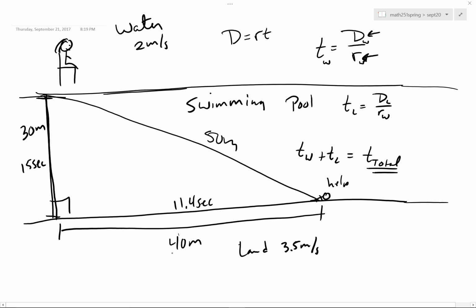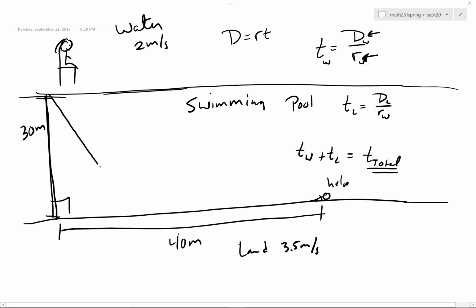But you're like, well, could we do better? Well, maybe. Maybe if we aimed somewhere in here. And if we aim somewhere in there and then we ran from here to here, let's see what we get. So let's call this distance x. That's why I didn't want to have it in the other formula. Then the hypotenuse would be 30 squared plus x squared, which of course is 900 plus x squared.